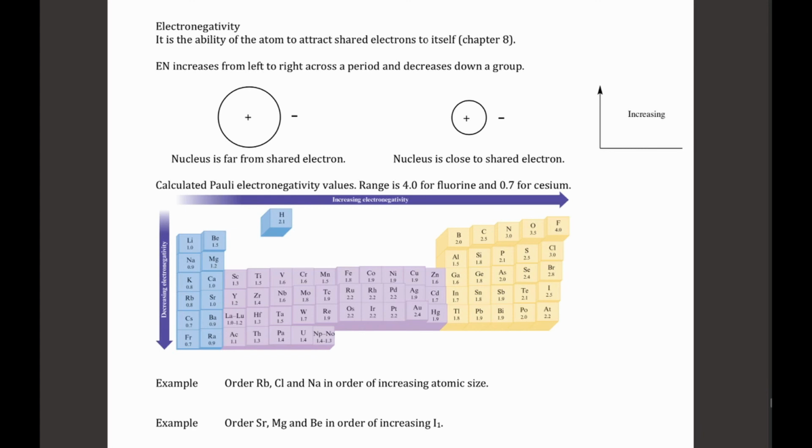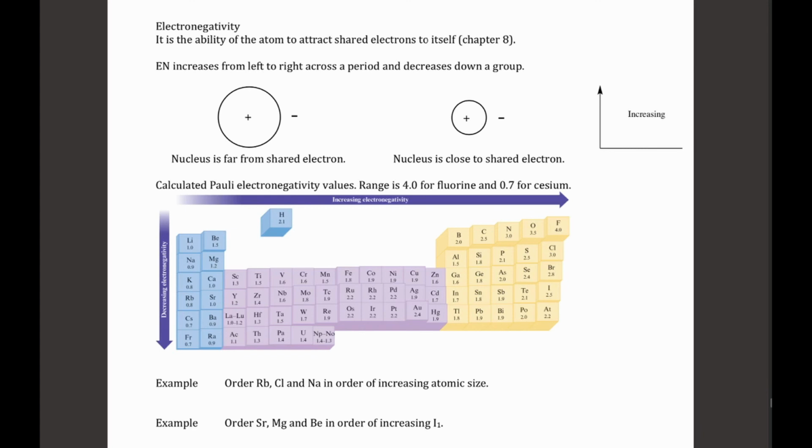So the electronegativity would be the greatest in our diagram there for the smaller atom. And they get smaller as we go from left to right, so the electronegativity increases, and that's why it increases from left to right. It decreases going down because they're getting bigger, so the nucleus is farther from those shared electrons.